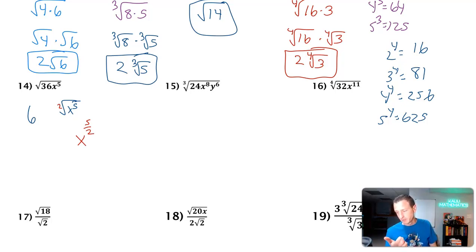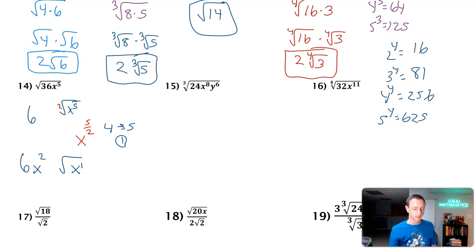From here, you could say, well, 2 goes into 5 how many times? 2 goes into 5 twice. So that means coming out of the radical will be x to the second power, and I'd still be left with a single x on the inside. Because 2 goes into 5 two times, that's 4. Then how do I get from 4 to 5? That's 1, so I still have a single x to the first. So I'd have 6x to the second times the square root of x to the first.